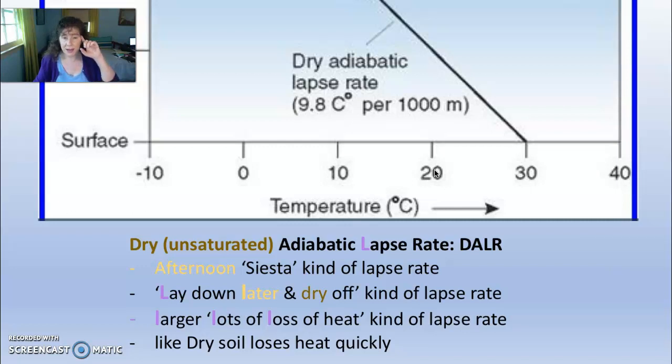Another way to keep that in your head is to keep a visual picture in your mind that these lapse rates are generally seen in the afternoons when the ground has gotten very warm and the wind hasn't picked up yet. It's very still, very hot.